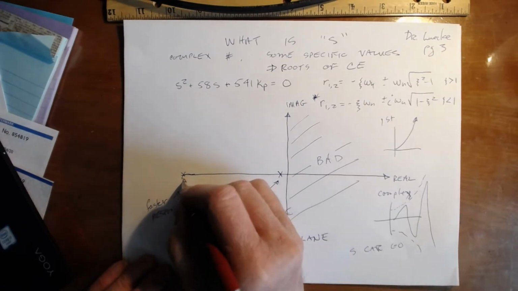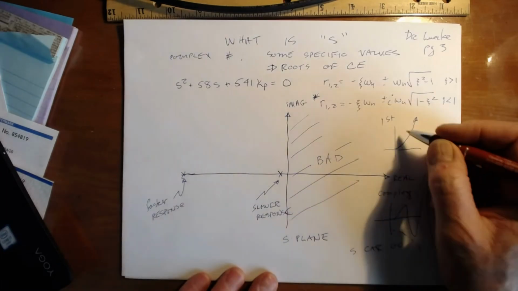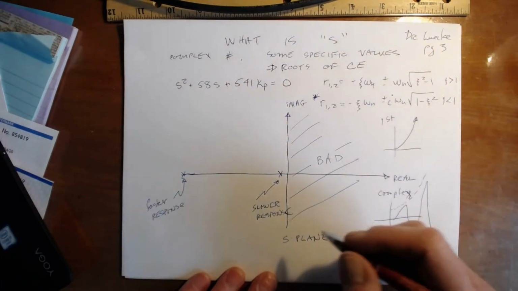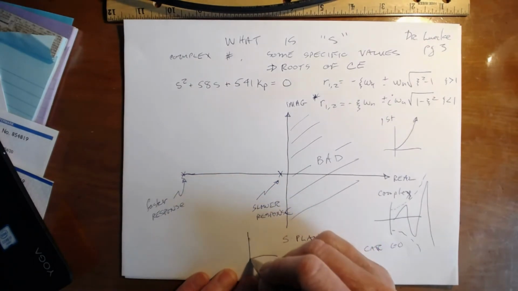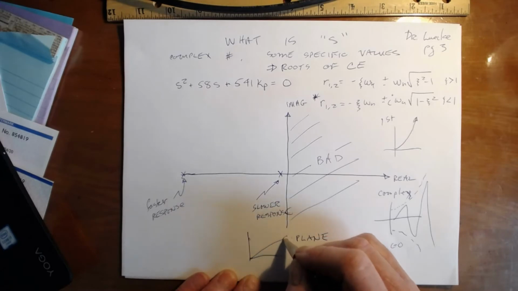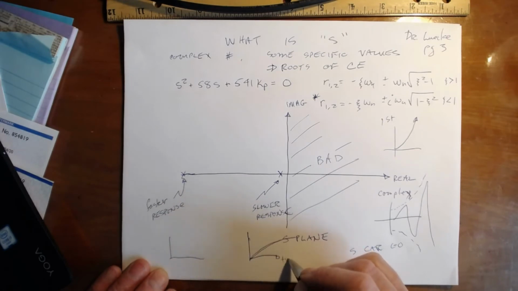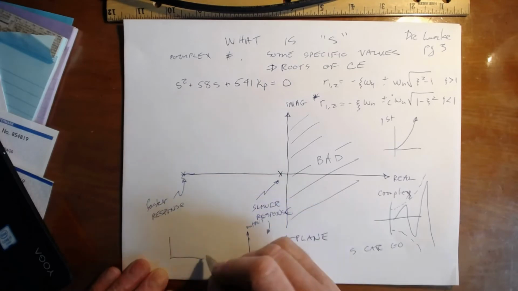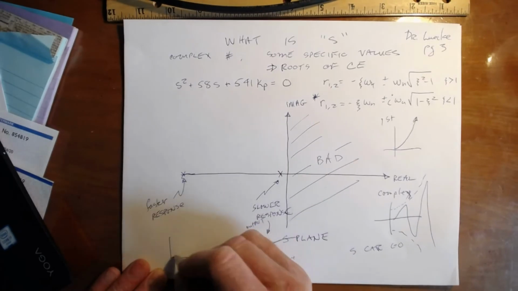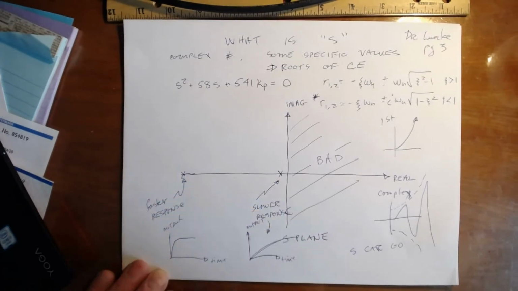Typically, in this region of the s-plane, these are slower responses. It takes longer for things to happen. You might look at a first order response for a unit step input. It would be really slow. And in this case, we'd look at a faster order response. Right, so it's going to be faster.